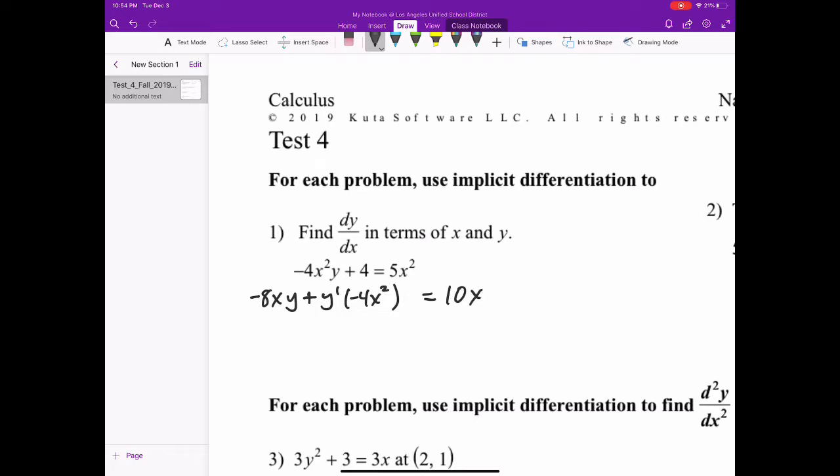We're going to solve for y prime. Goal is to solve y prime here. Get this guy alone. I'm going to move some stuff around and subtract the 8xy from both sides. Since these are not like terms, we can write them next to each other.